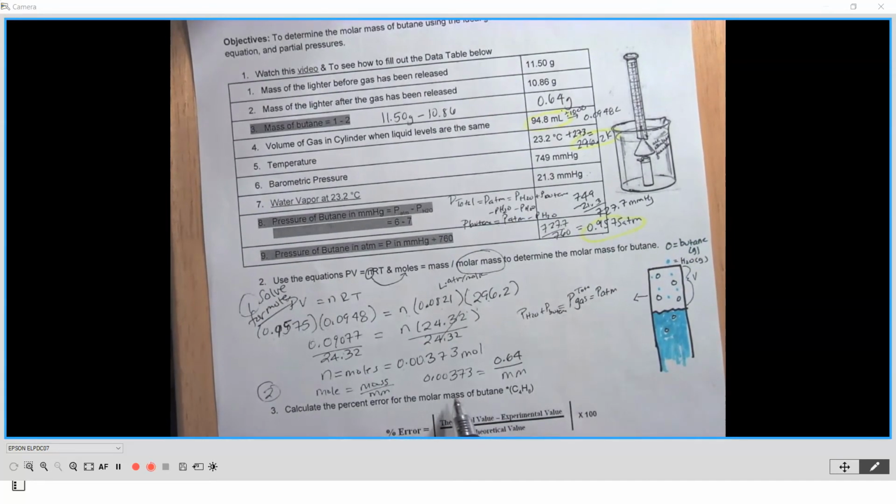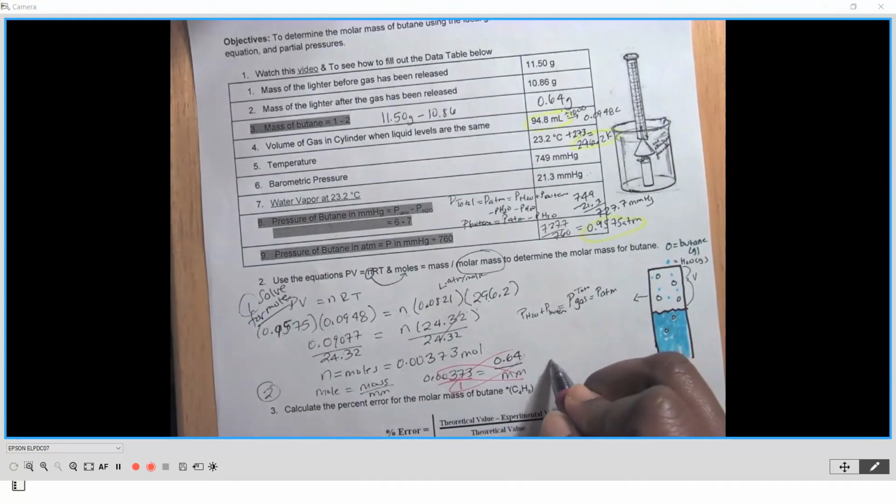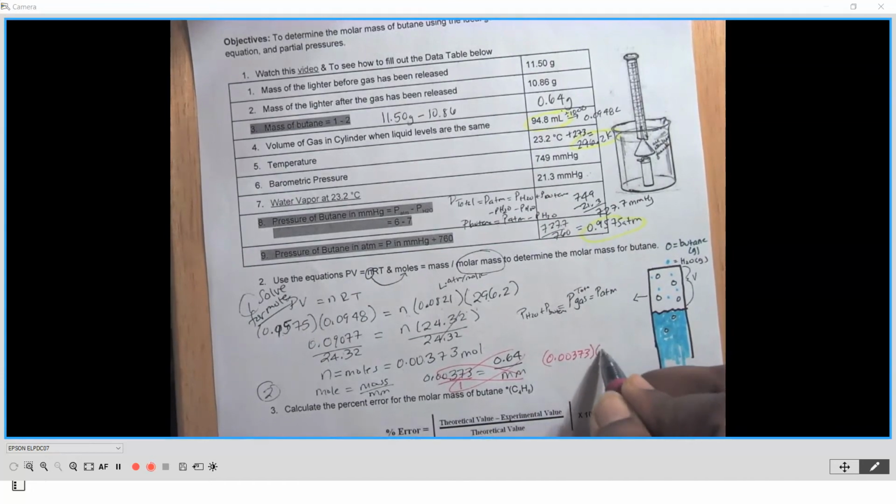All right, so remember when we have a fraction next to an equal sign, we'll use cross multiplication. So I'm just going to put this over 1 to make it a fraction, a little bit easier. Cross multiply, and you get 0.00373 times your molar mass is equal to 0.64, and then you divide both sides by 0.00373.